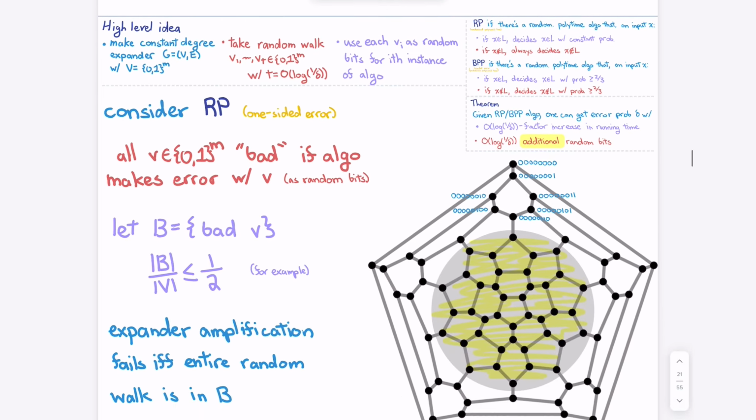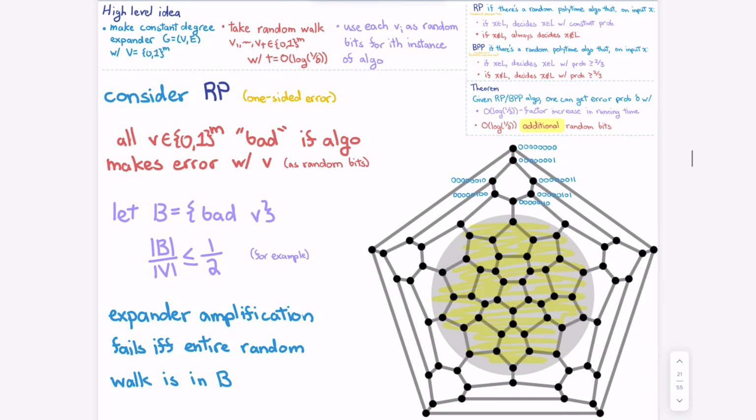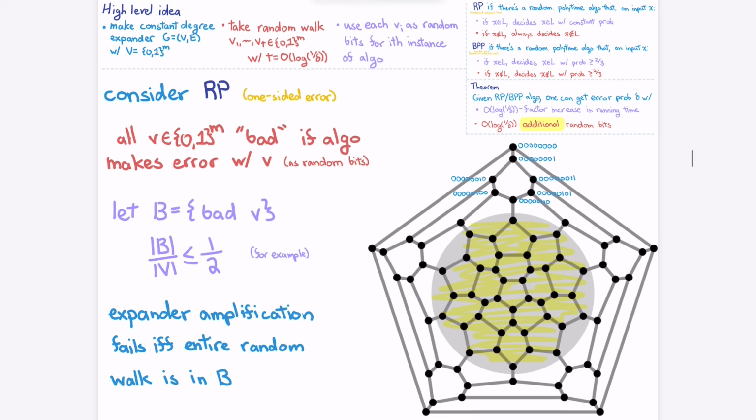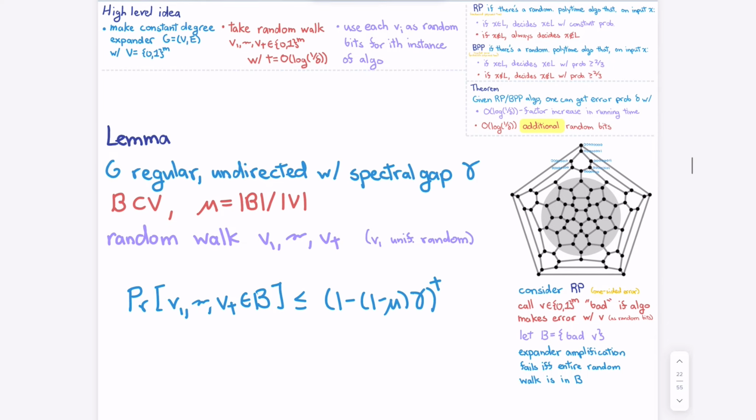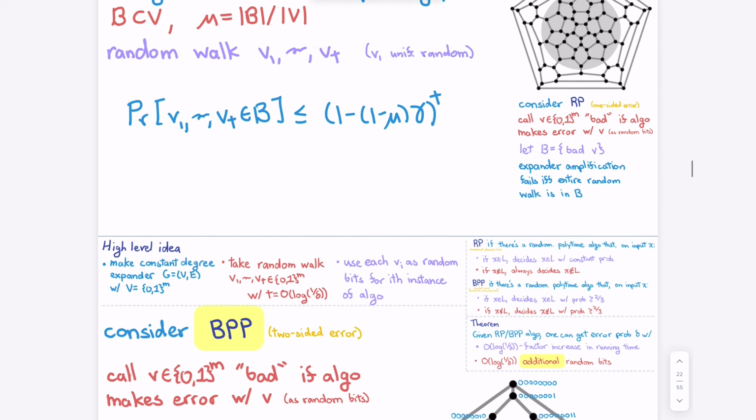So what we did last time when we fully analyzed RP, if this shaded region represents the bit strings that lead to an error, you only make a mistake if you first sample in the bad region and then your random walk stays inside. So we analyzed this and showed you're probably going to escape any bad region because the graph is expanding. And that's what we did.